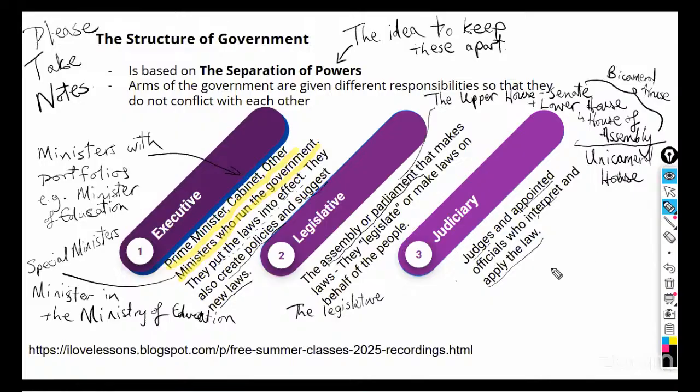This system, let me put this in a different color. I want you to remember this term, right? The system is based on the Westminster, not minister, Westminster system.